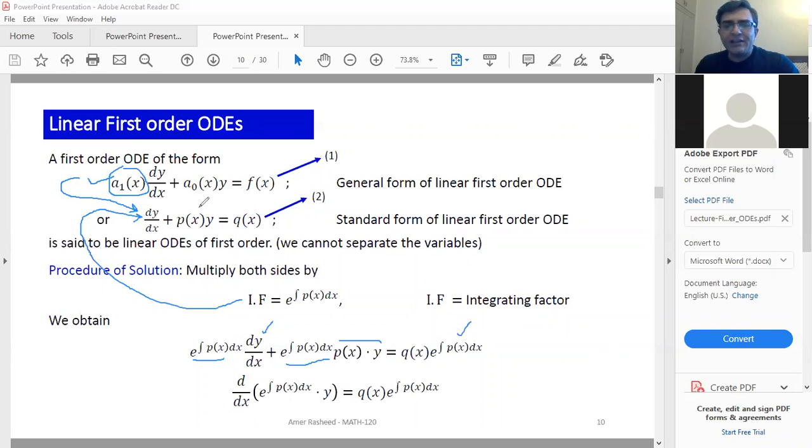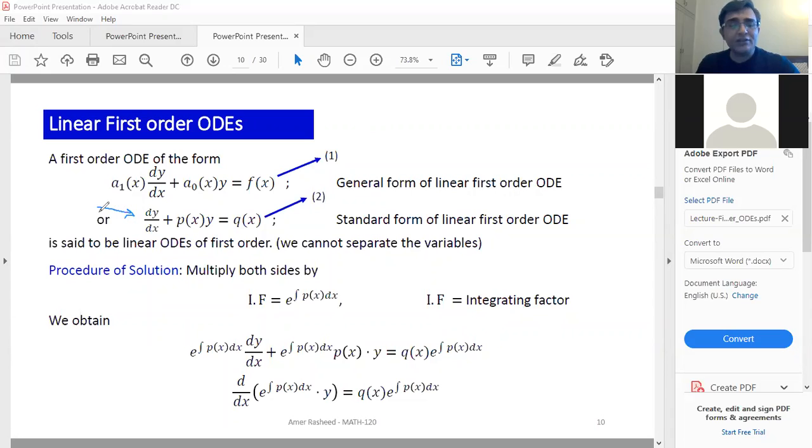There must be one more thing which is important. This solution procedure is only valid for this kind of differential equation, not for any other kind. Similarly, as we discussed for separable differential equations, that procedure is only valid for the equations in which we can separate the variables.